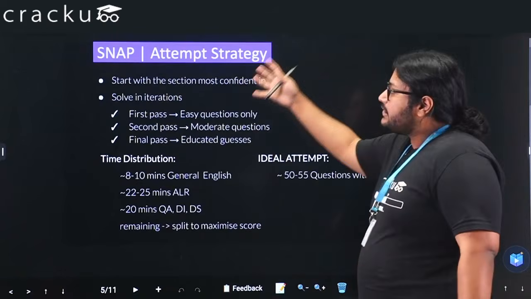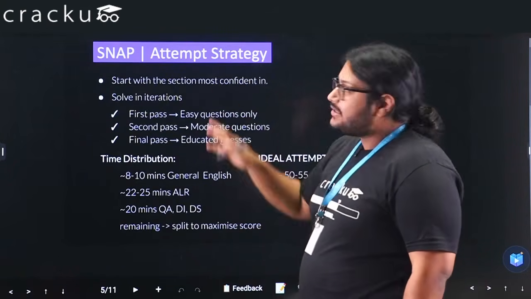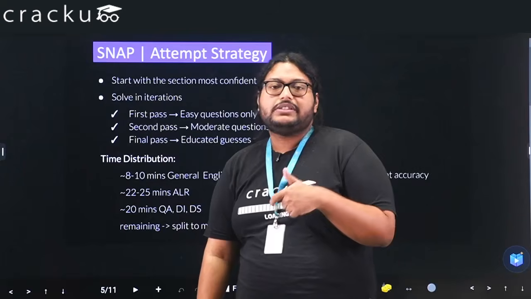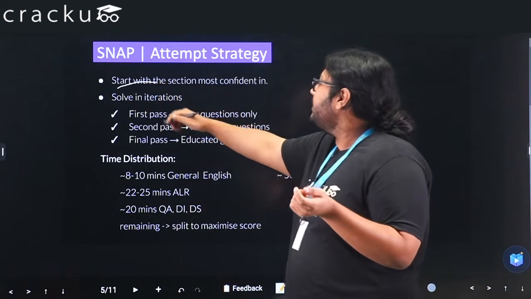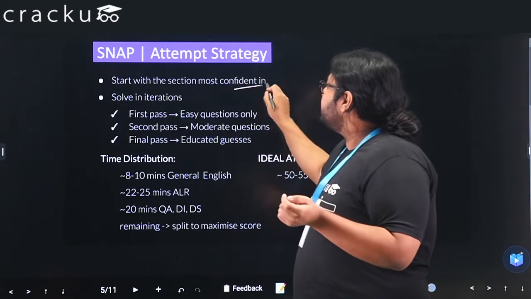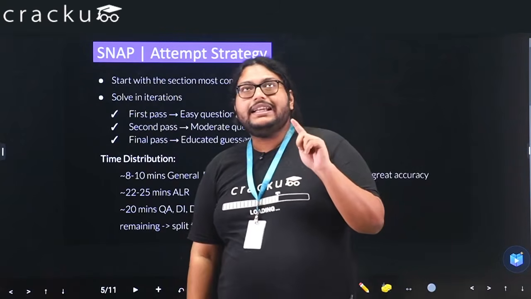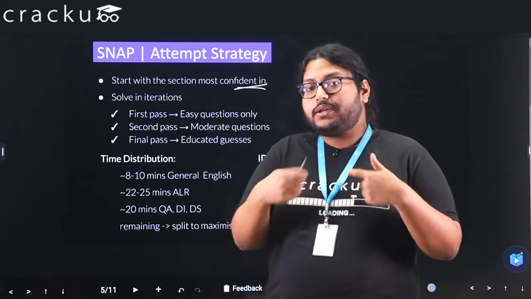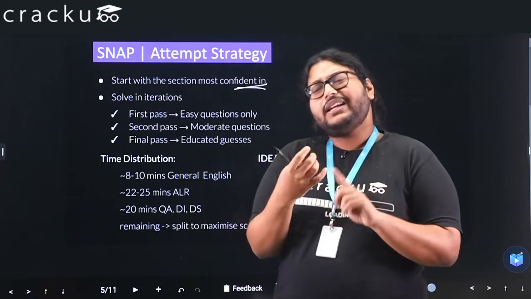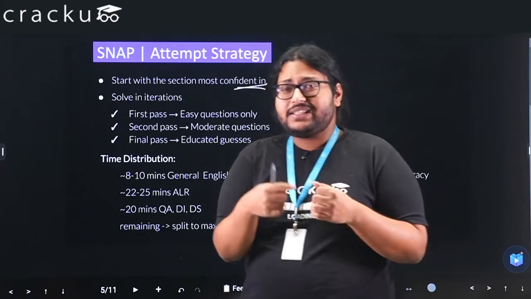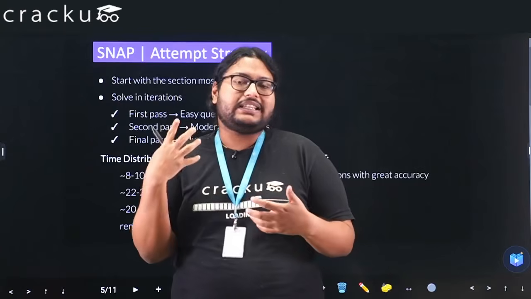So now let's look into the attempt strategy. Because there are no sectional time limits and no sectional cutoffs, you should always start with the section you are most confident in. This will do two things. One, it will save you some time, because if you are most confident in a particular section, you'll be able to solve it faster. Even the minutes or seconds that you save add up to a lot in these kinds of exams.